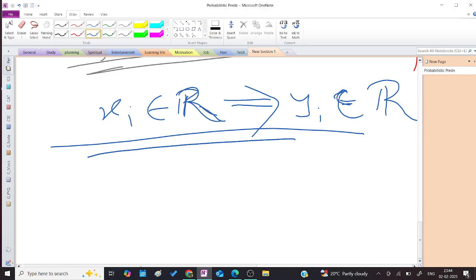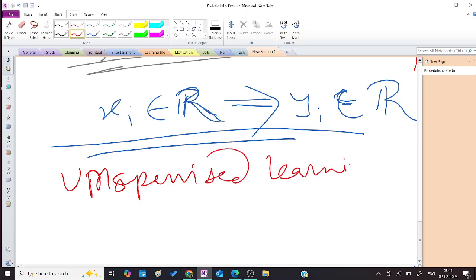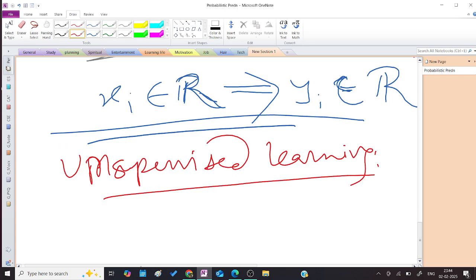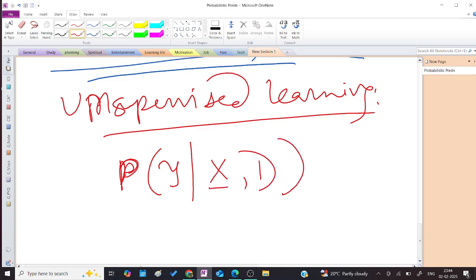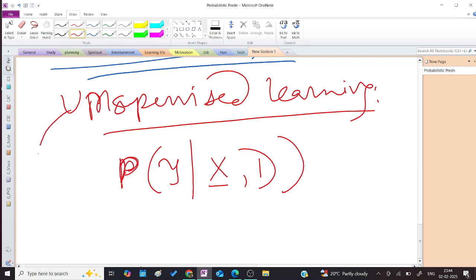Now what happens in unsupervised learning? See, in supervised learning, what was happening is that we are guessing the probability distribution of y given vector x and the data set. But in unsupervised learning, we don't have this label, right?